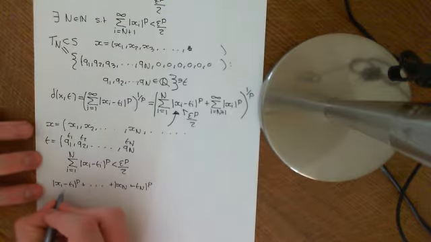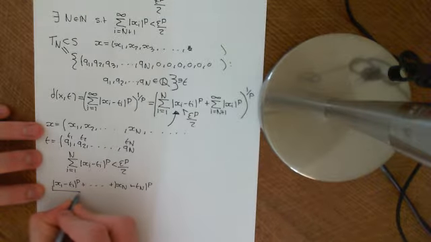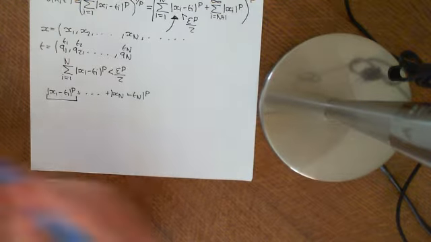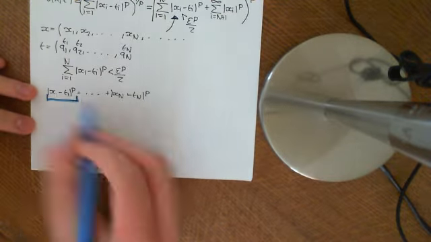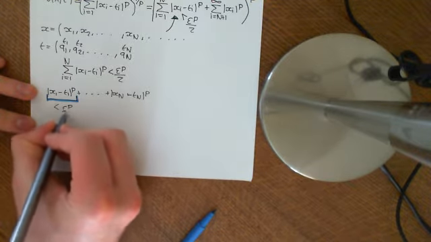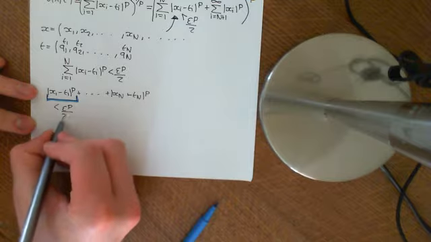So for instance, I can make each of these little bits here smaller than, let's say, epsilon to the p over, how many of them have you got? Let's say 2n.